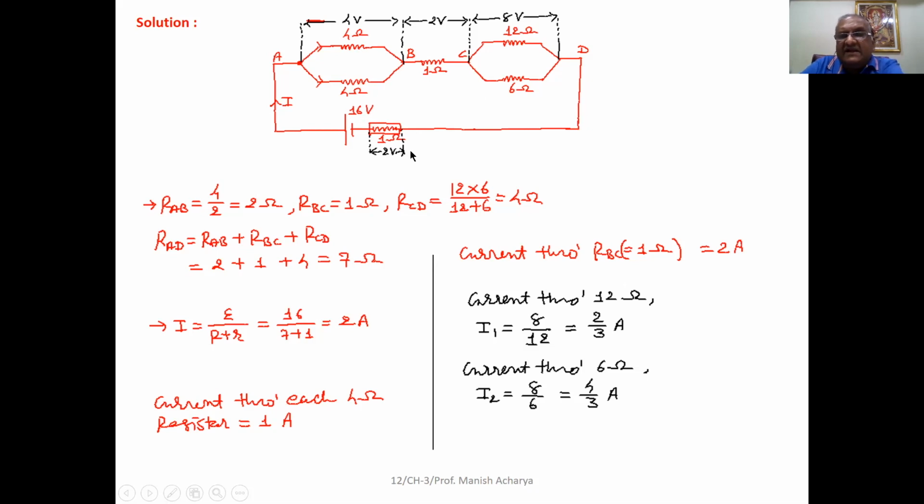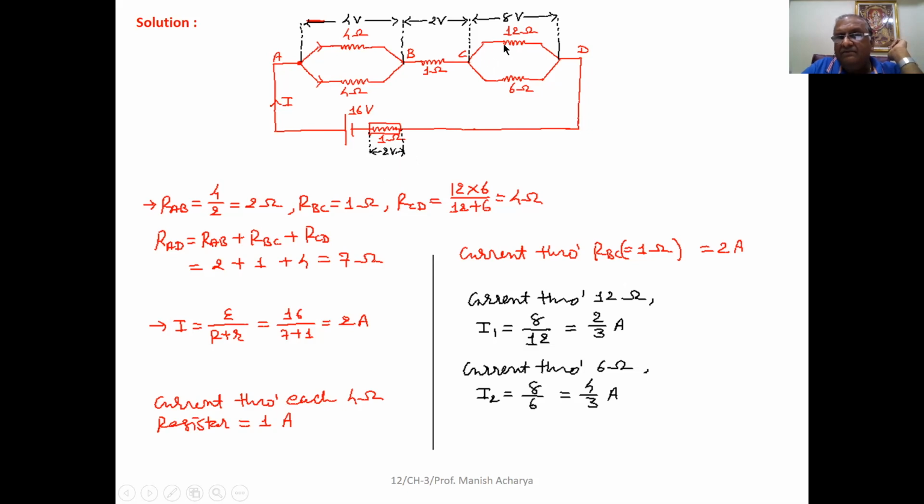It implies that 16 minus 8, that much potential drop will be across CD. It implies that across the 12 ohm resistor and 6 ohm resistor in parallel combination, the potential difference across each one is the same. So across CD the potential drop will be 8 volt.